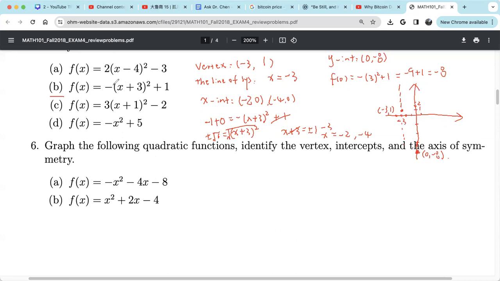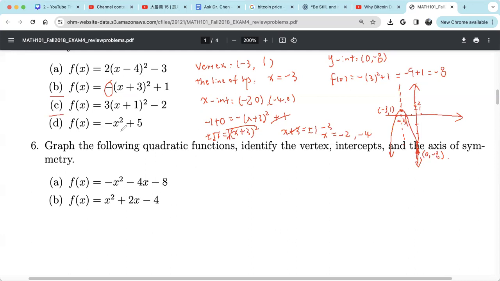And you see the leading coefficient a is negative, so we have a downward parabola. So this is the vertex going through the x-intercepts, and also going through the y-intercept, right? That's the graph.